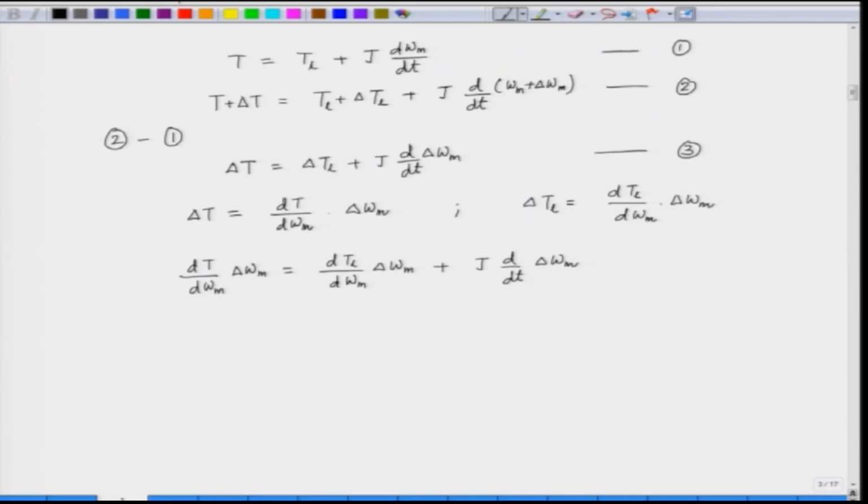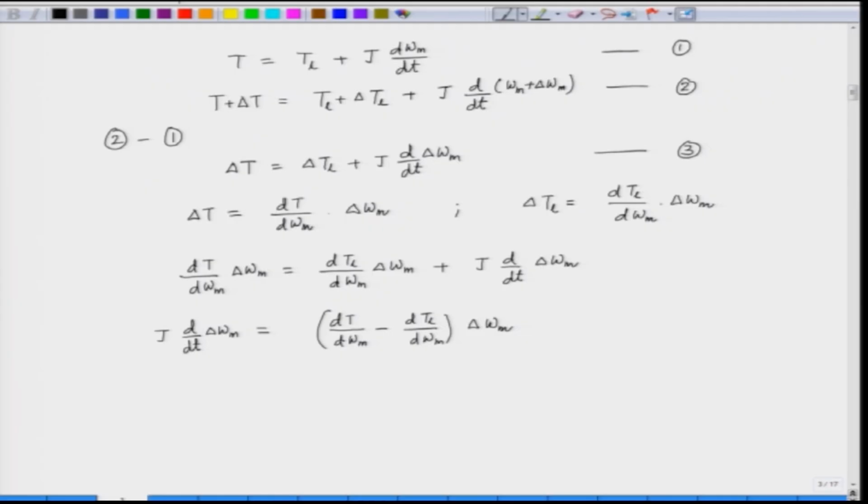J d by dt of delta omega m is equal to dT by d omega m minus dTL by d omega m, into delta omega m.